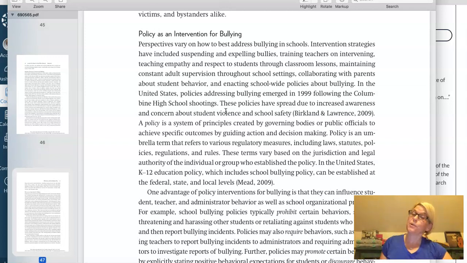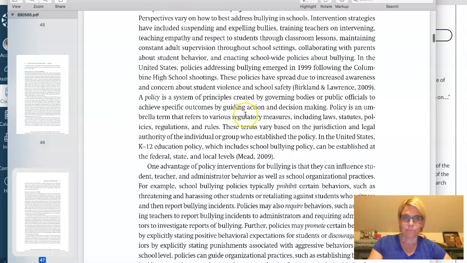Most people don't even really know the history of it, so they provide this brief history of where it started. And then really, what is a policy?